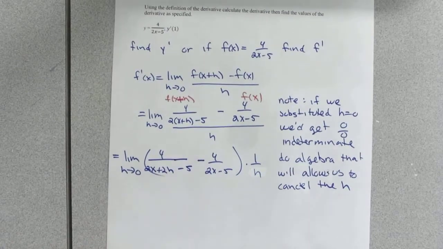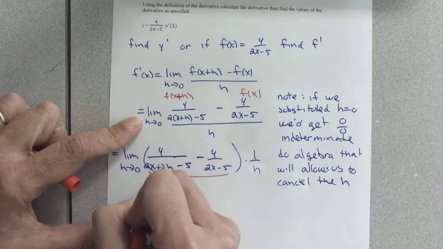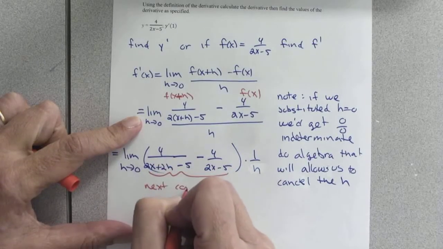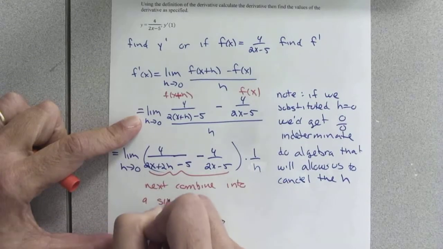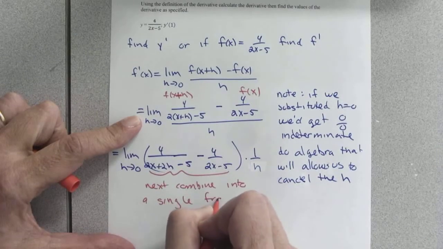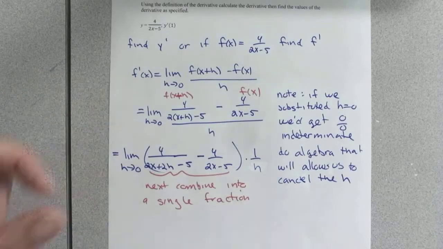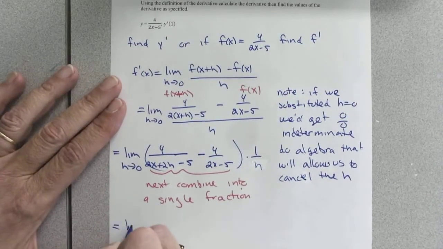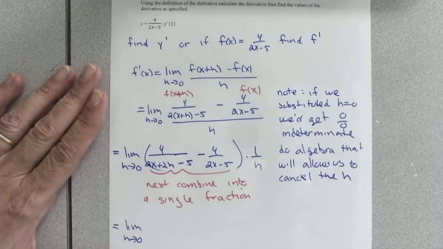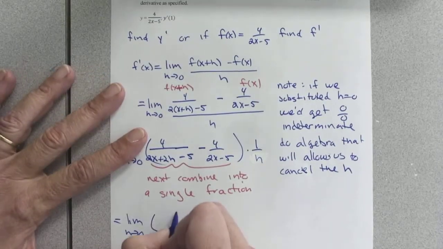And then I just did a little algebra down there. And so these guys right here, we're going to combine into a single fraction. Well, when I'm combining fractions, or in this case subtracting fractions, I need a common denominator. So we will do that.